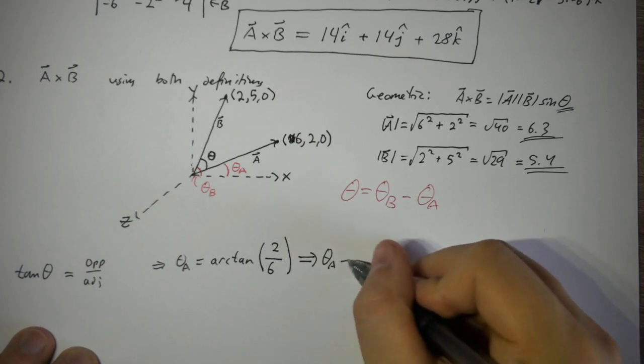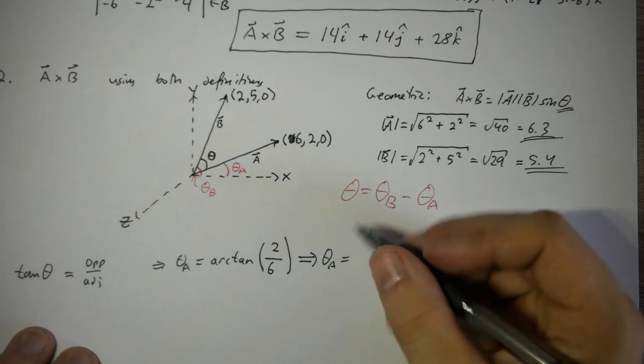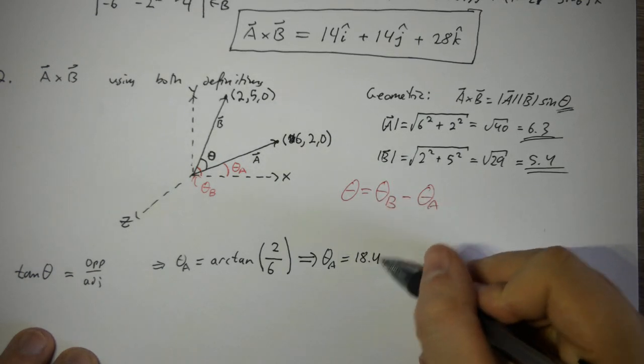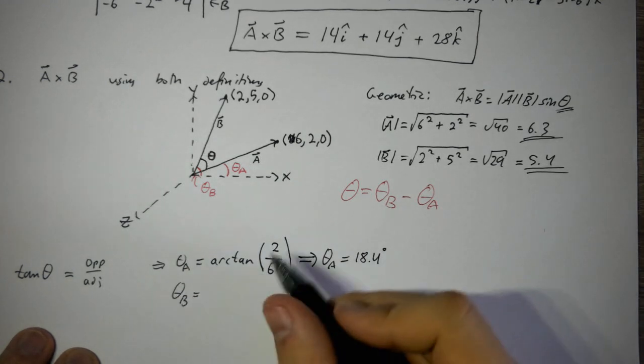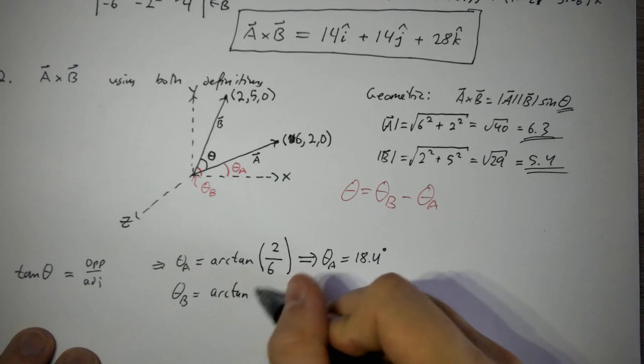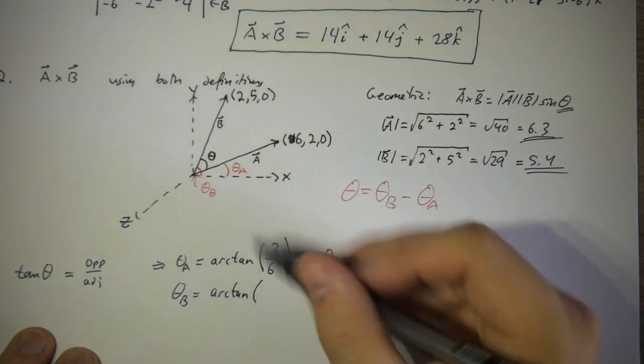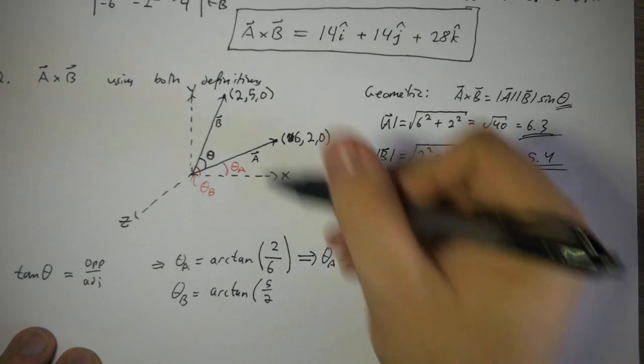So theta A, therefore, is 18.4 degrees. Theta B, similarly, is arctan 5 over 2.